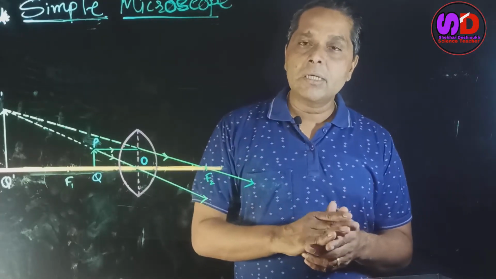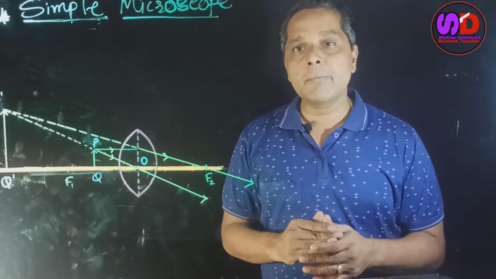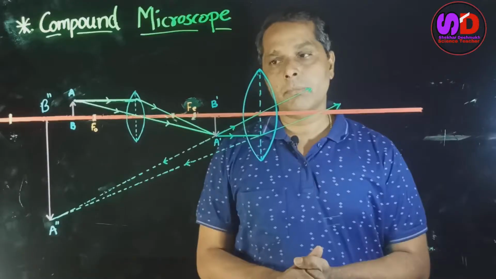The second use of this convex lens is the compound microscope.